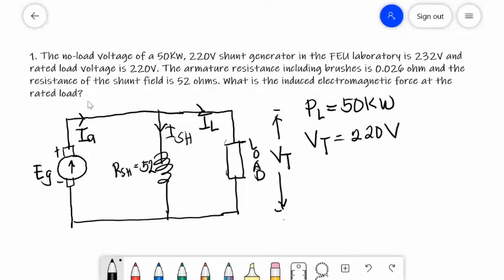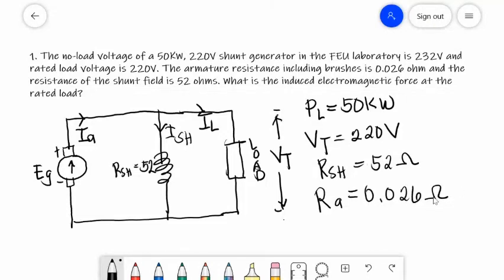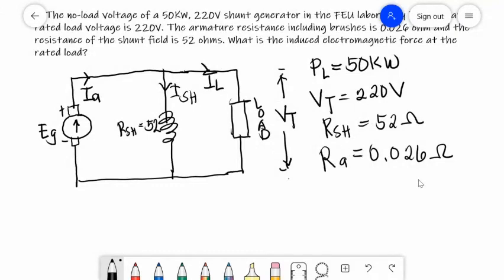Also, RSH is 52 ohms, RA is 0.026 ohms. Required, what is the induced electromagnetic force at the rated load? So required is the EG, generated voltage.